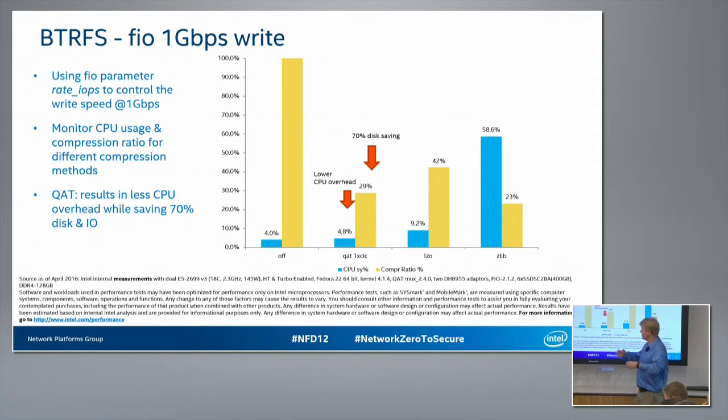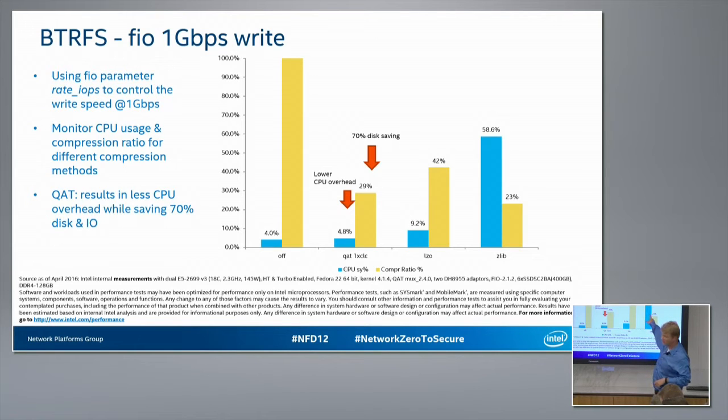Performance, again, because I'm going quickly: this benchmark was doing a write targeting 1 gigabit per second. What you see is a reduction in disk usage of 70% compared to no compression, and lower CPU overhead than if you were going to do something similar with software-based compression. So this is using standard zlib.